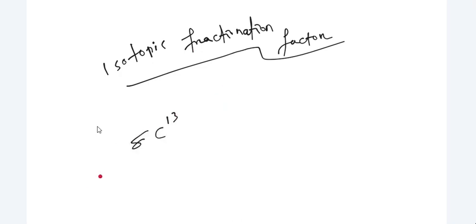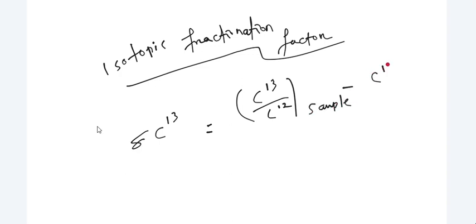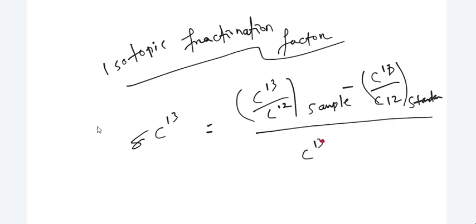Delta C13 is equal to C13 by C12 of the sample, minus C13 by C12 of the standard, divided by C13 by C12 of the standard, into 1000.